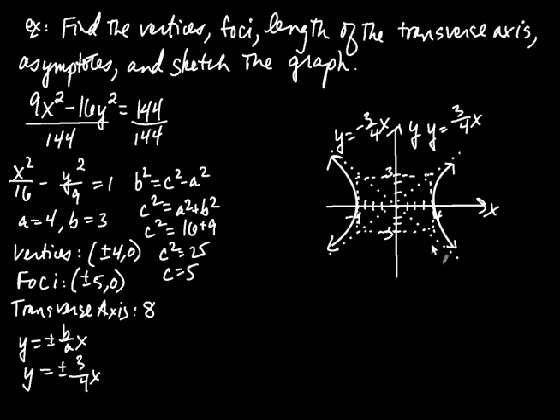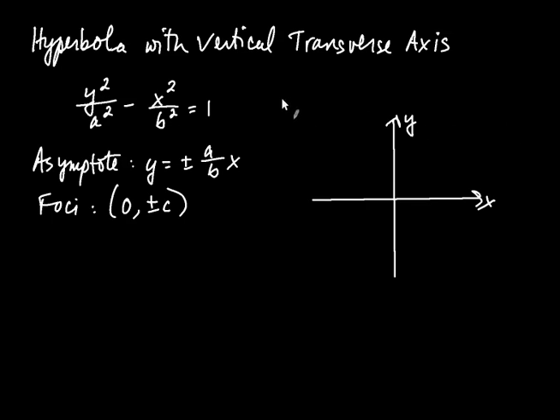Okay, so it turns out that you can also have your transverse axis not necessarily horizontal, you can have it vertical. If your transverse axis is vertical, the hyperbola is going to look like that. So this is a hyperbola with vertical transverse axis. Now here's the equation of it. Notice the difference. Instead of x squared over a squared, it's y squared over a squared, take away x squared over b squared.